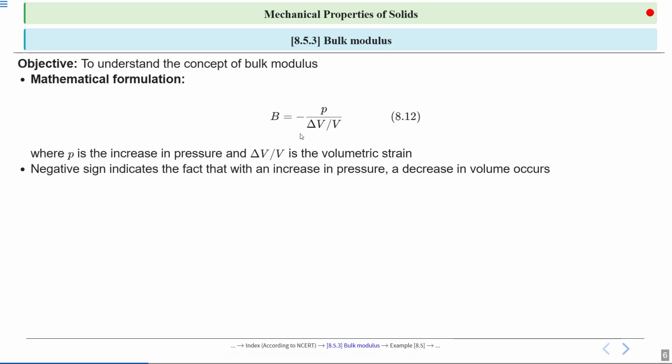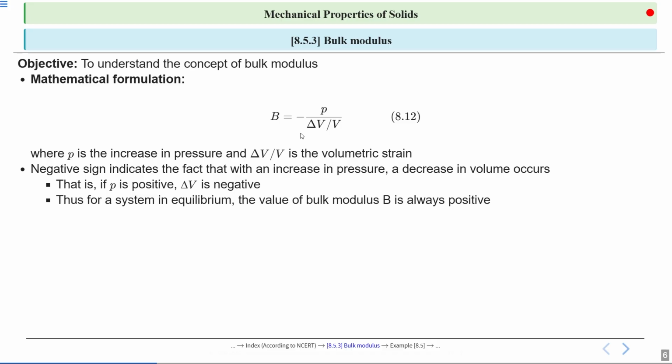Here, the negative sign indicates the fact that with an increase in pressure, a decrease in volume occurs. So that is, if P is positive, delta V is negative because the object is shrinking.